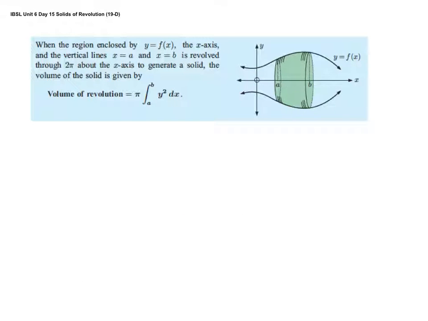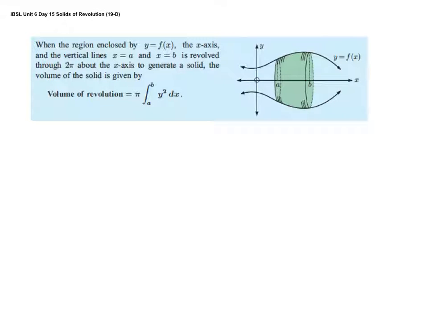So let's actually take a look at an example here. Now here, instead of using f of x, they used y, which is fine. And also notice since pi is a constant, you can pull that out in front. Here we have a region enclosed by y equals f of x, the x-axis, and the vertical lines x equals a and x equals b.